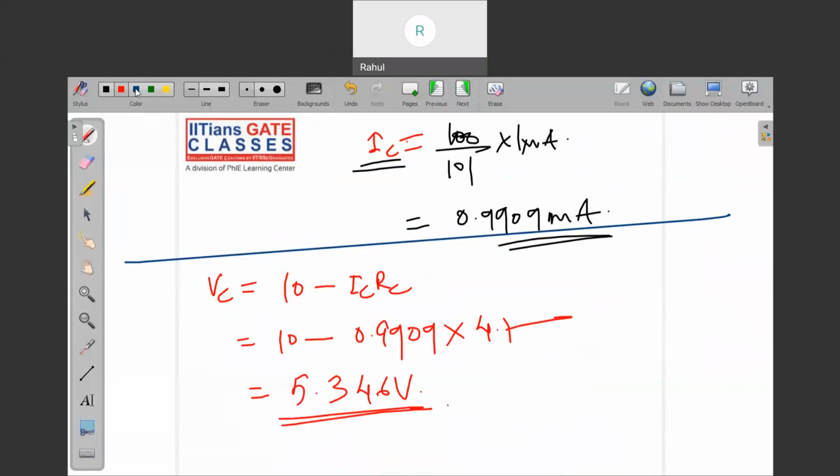Understand? So now you can compute what you have got. You have got VC, you have got VE, and VE was 3.3.